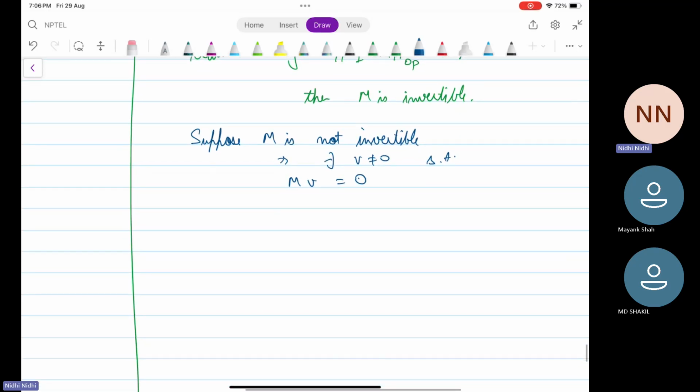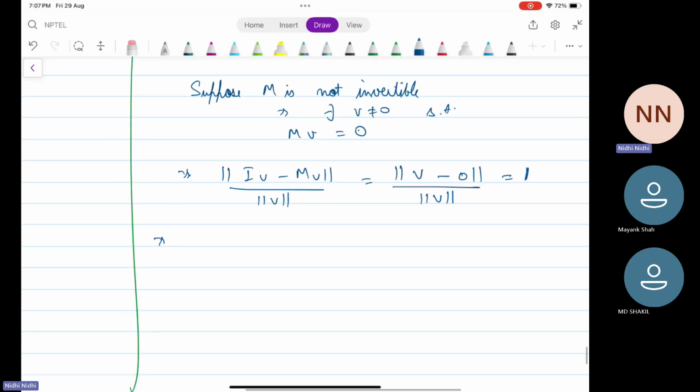So from here, this will imply that norm of Iv minus Mv upon norm v will be just 1, because I is the identity, so Iv is v, and M is mapping v to 0, and in the denominator we also have norm v. So this is 1.